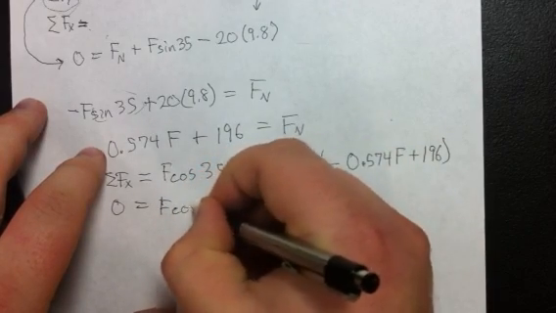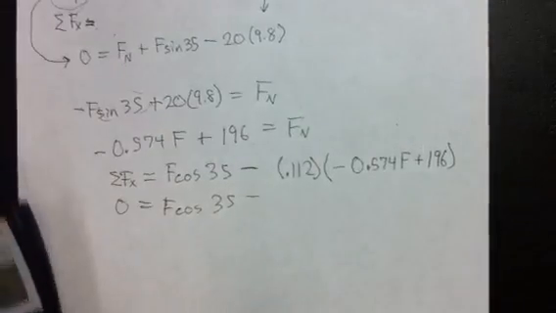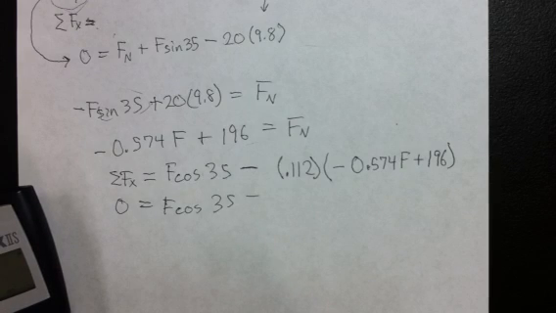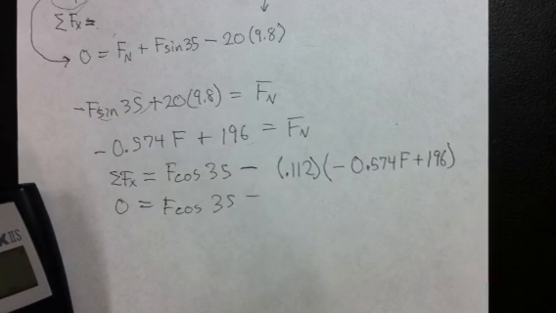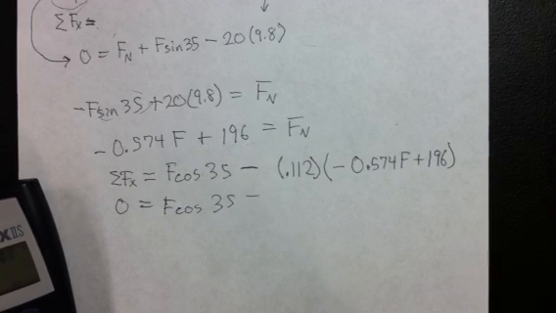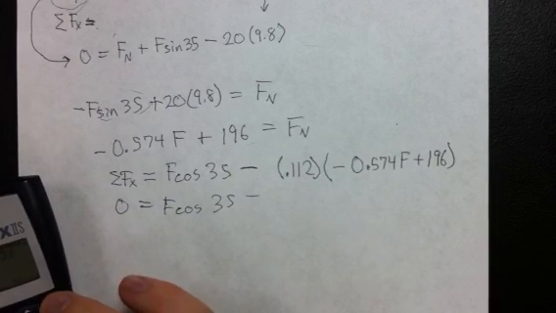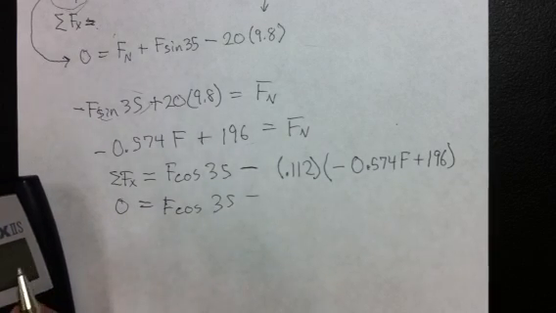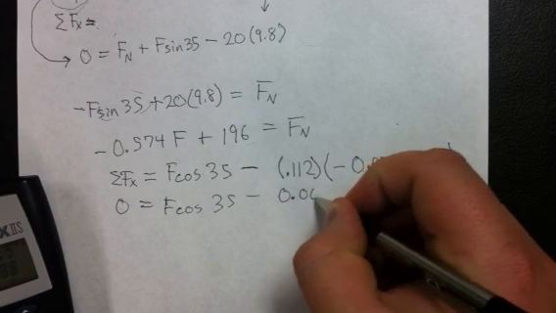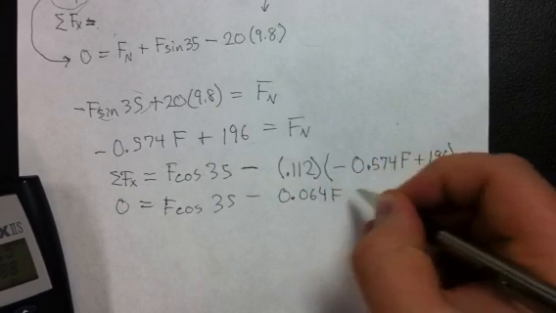we can begin to solve for f. f cosine of 35 minus, and I'm going to start multiplying this through, 0.112 times a negative 0.574, and that gives us a value of 0.064 times the force.